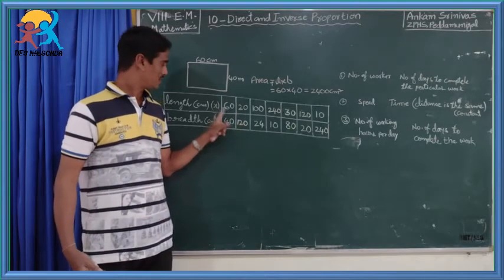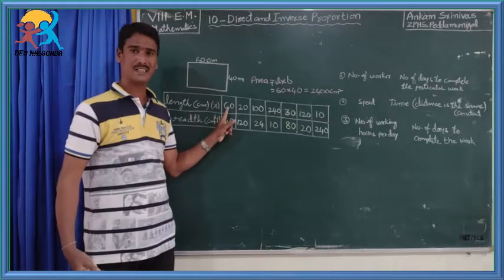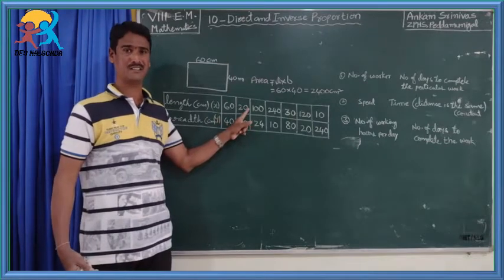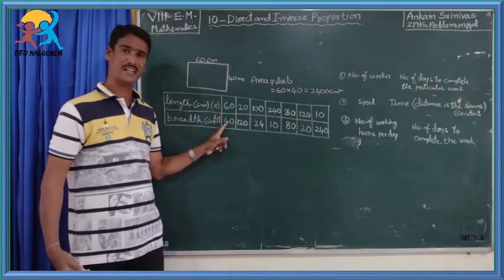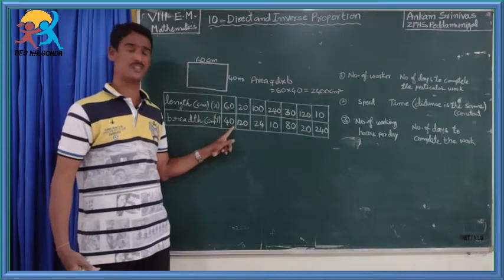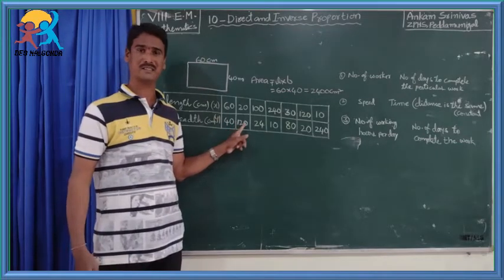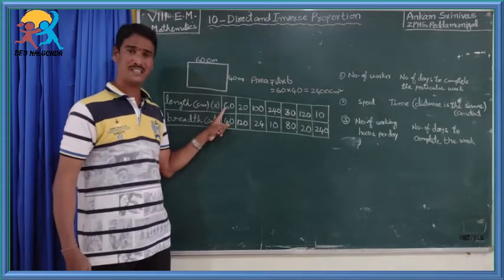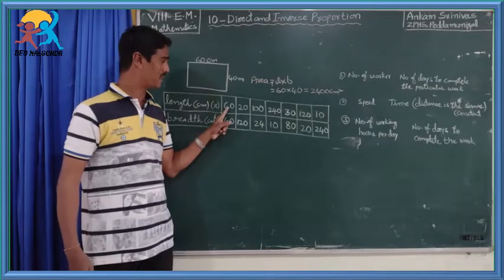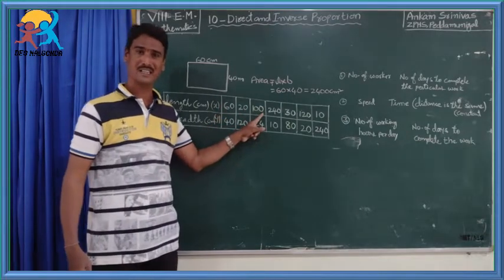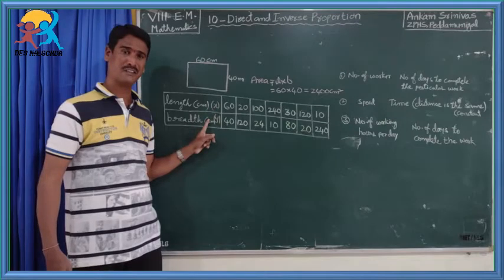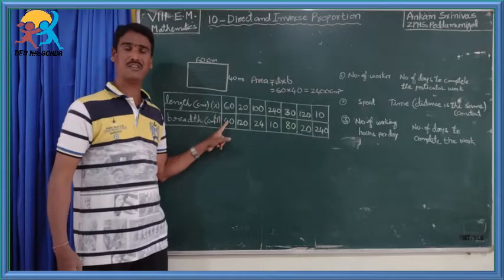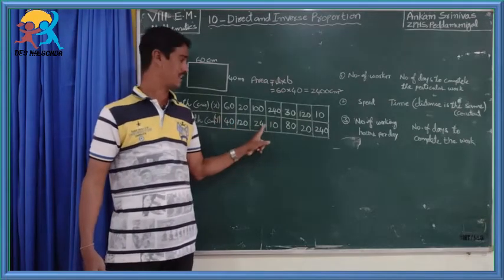The length of the rectangle decreased from 60 to 20 centimeters, then the breadth of the rectangle increased from 40 to 120 centimeters. Then take another one. If I increase the length of the rectangle from 60 centimeters to 100 centimeters, then the breadth of the rectangle decreased from 40 centimeters to 10 centimeters.